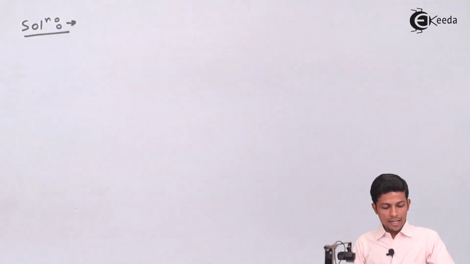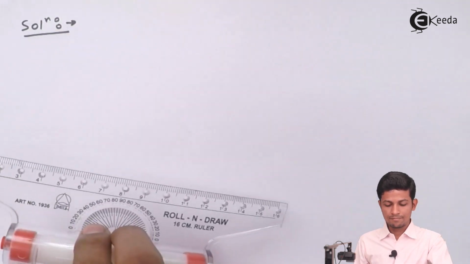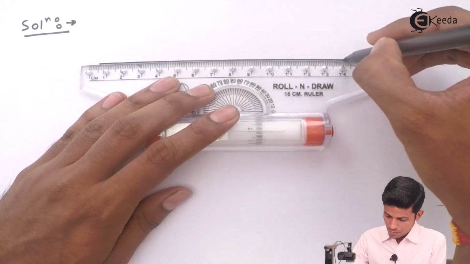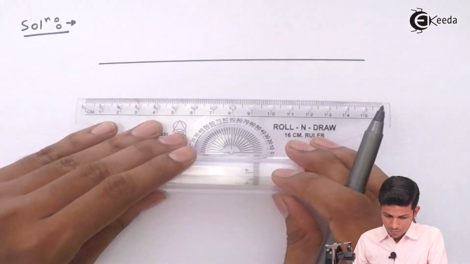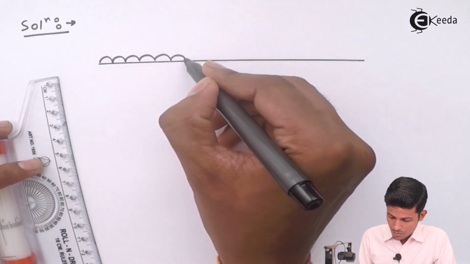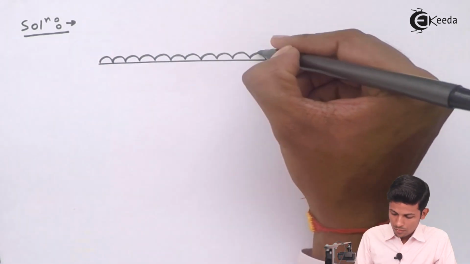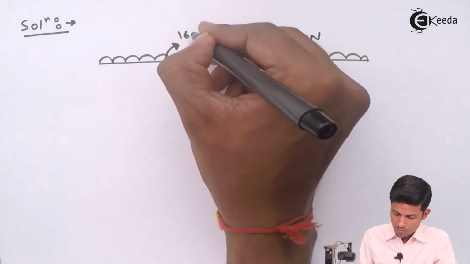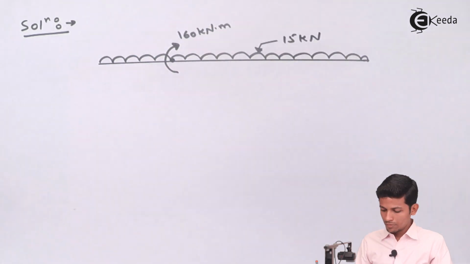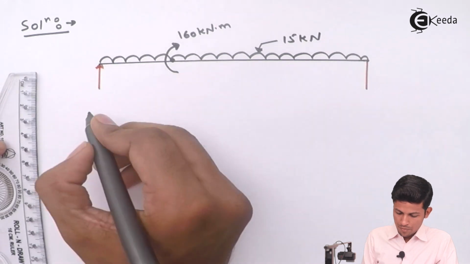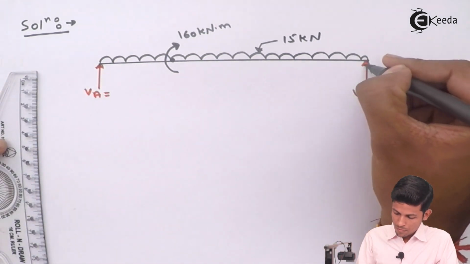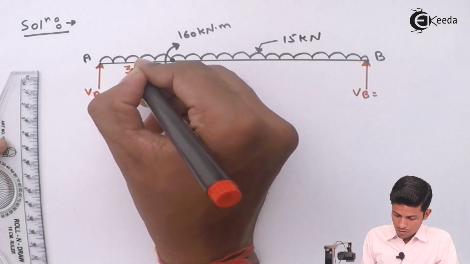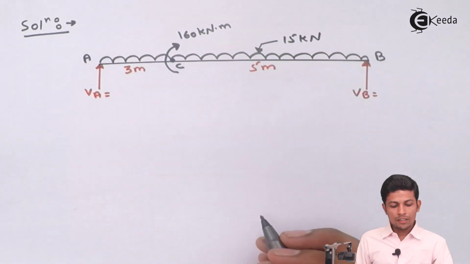Okay, now draw the diagram one time again. Okay, now what does Macaulay say first?